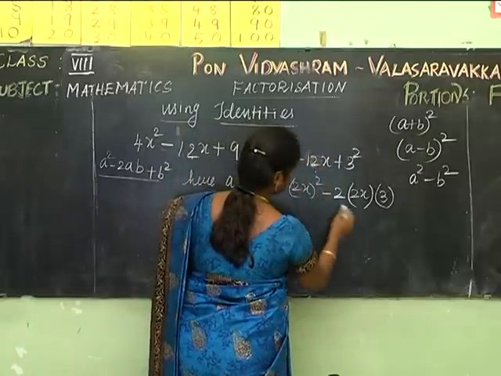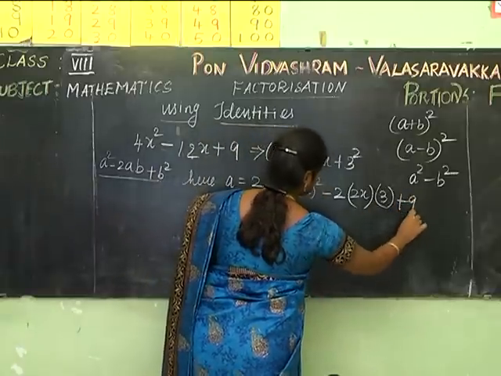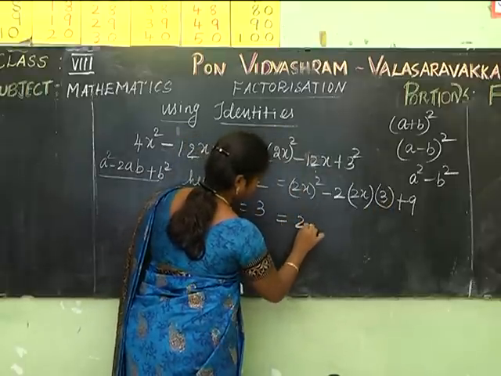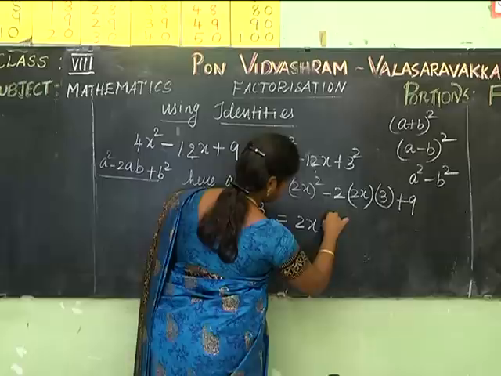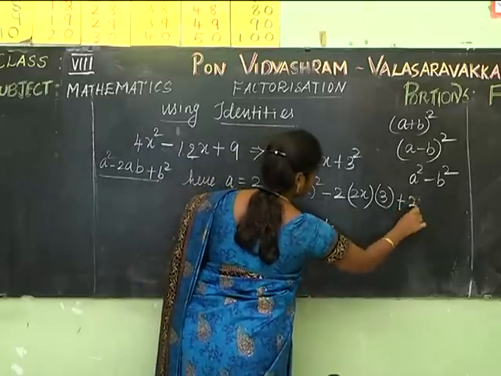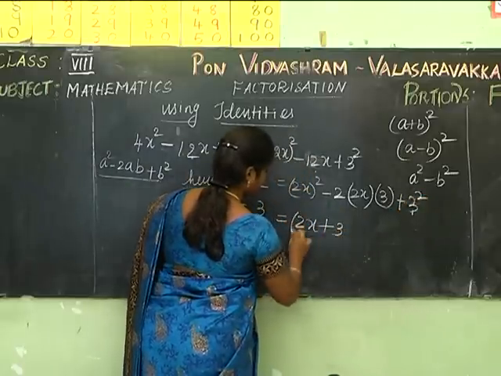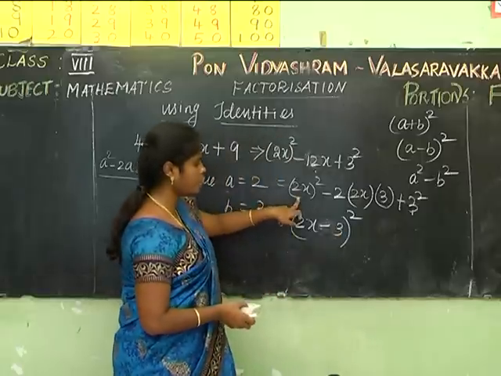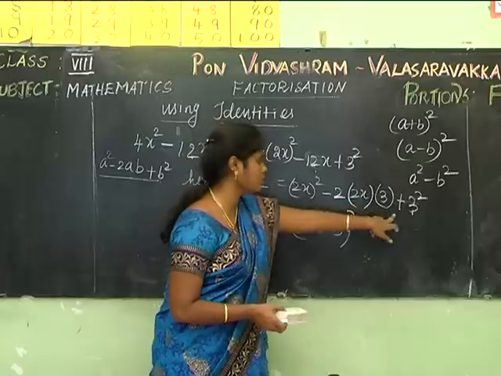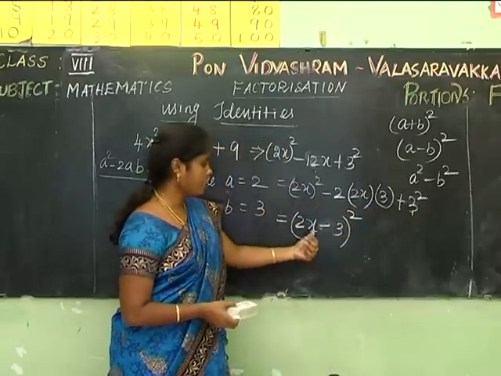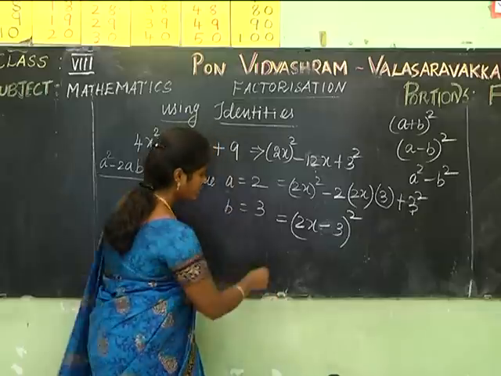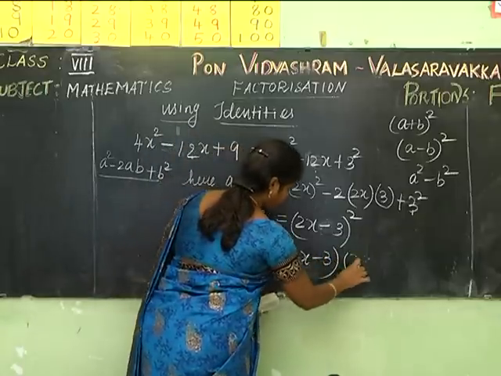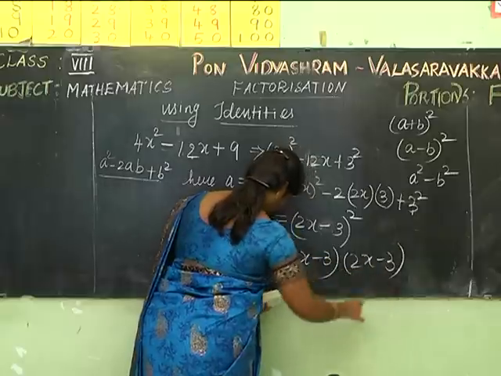So 2x minus 3 the whole square, because this is of the form a square minus 2ab plus b square. So a minus b the whole square. So the factors are 2x minus 3, 2x minus 3.